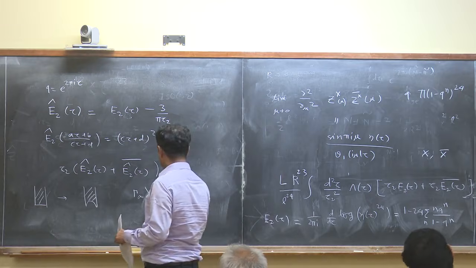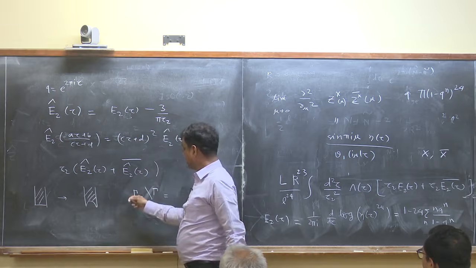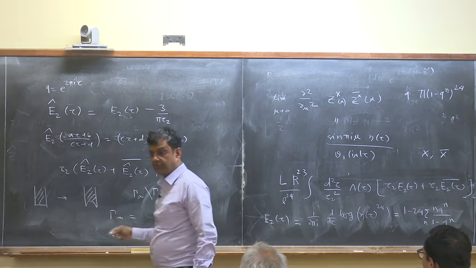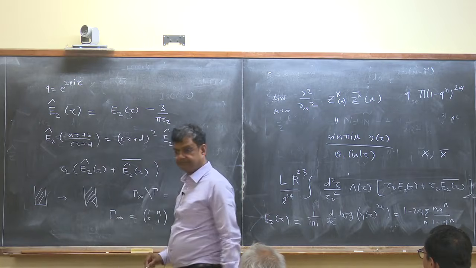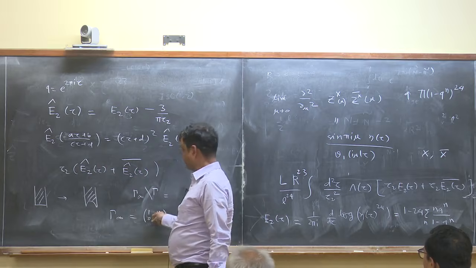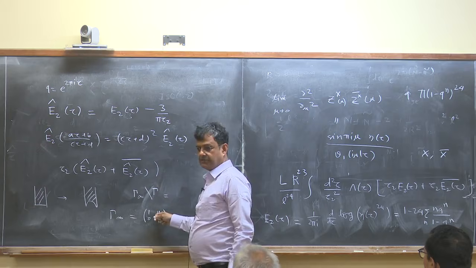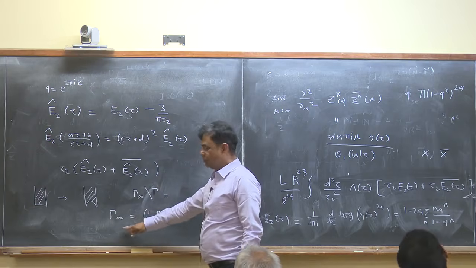These are basically elements of SL2Z which leave infinity fixed. Your gamma infinity is the group of translations like tau into tau plus 1. It's of the form (1 n; 0 1), and you sum over all the n's, which leaves the infinity fixed. So this is the gamma infinity.